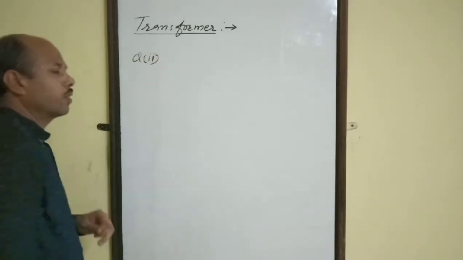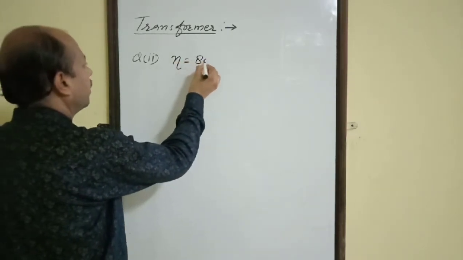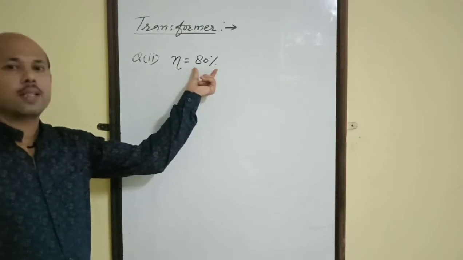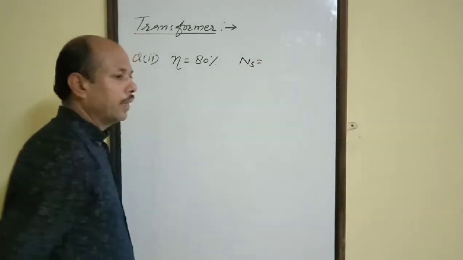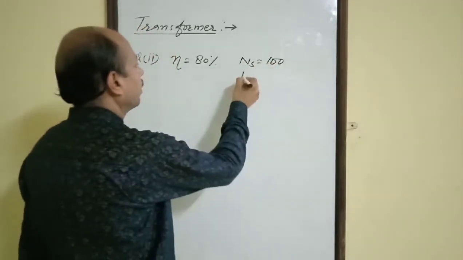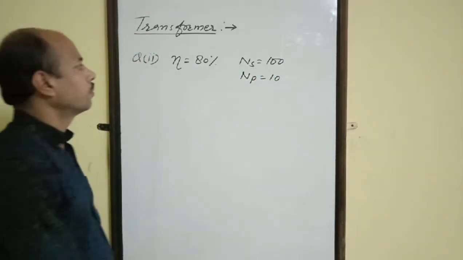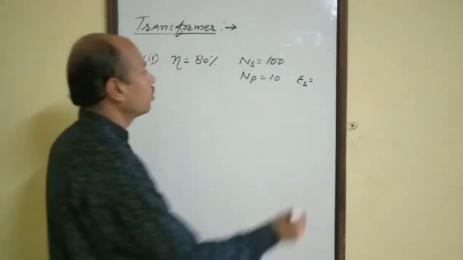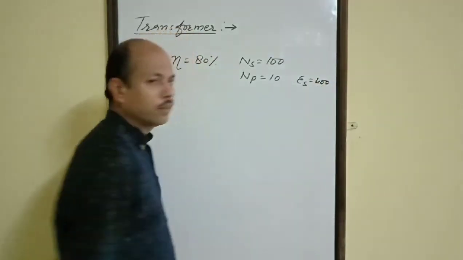Now second question is this: eta equals to 80%. Efficiency of transformer is given as 80%. NS equals to 100. NP equals to 10. ES equals to 400.